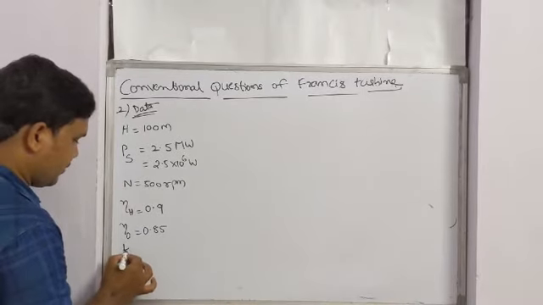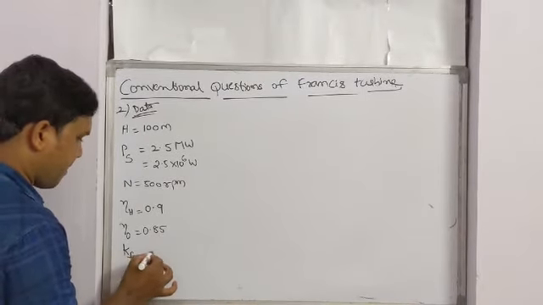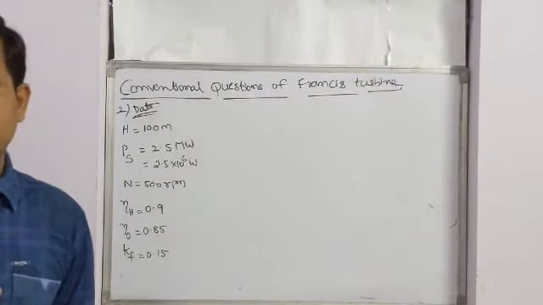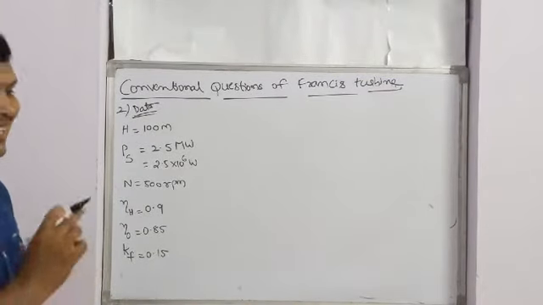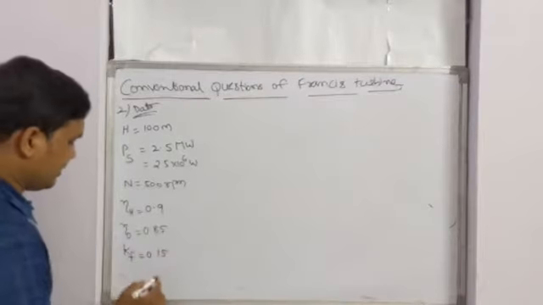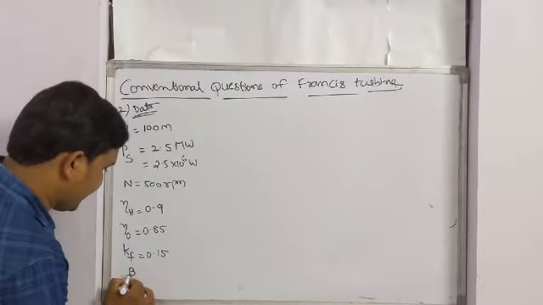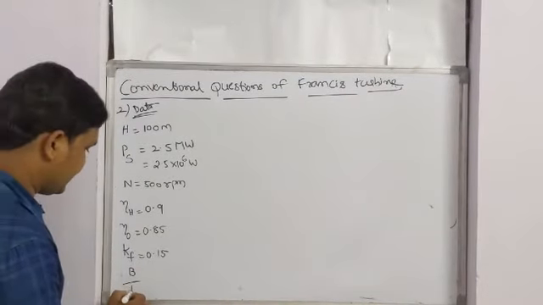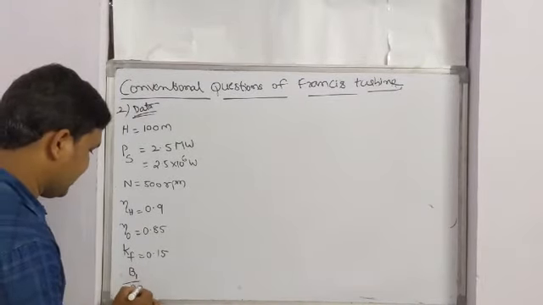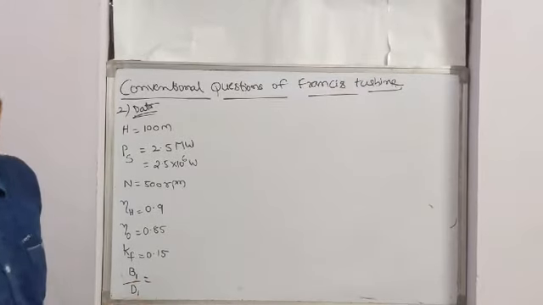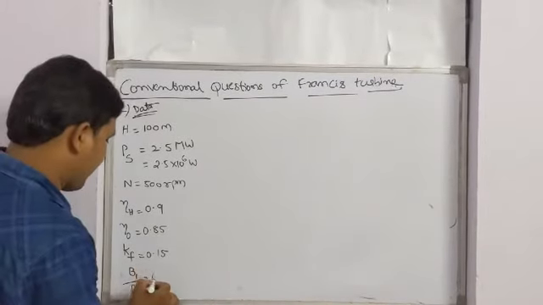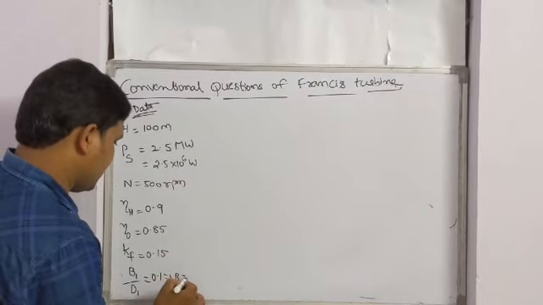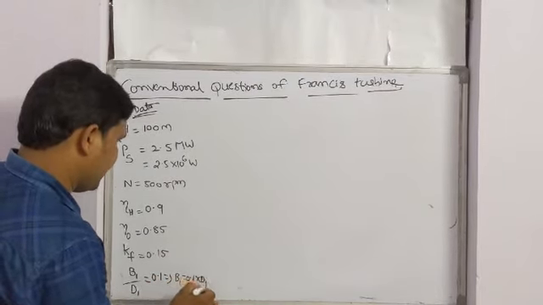Flow ratio we denote as Kf. And the ratio of wheel width to wheel dia at inlet, B1 by D1, is given as 0.1. So here we can write B1 is equal to 0.1 times D1.